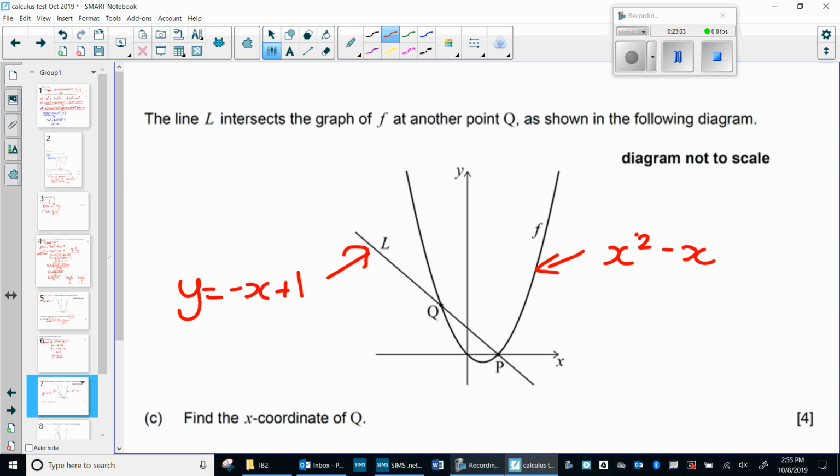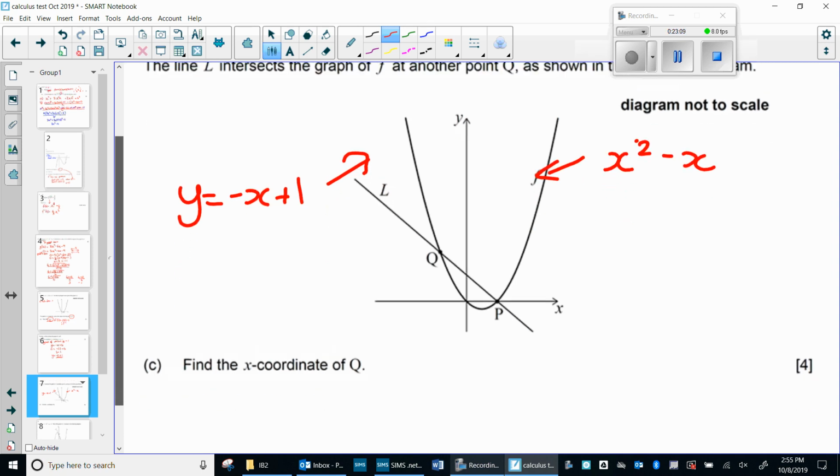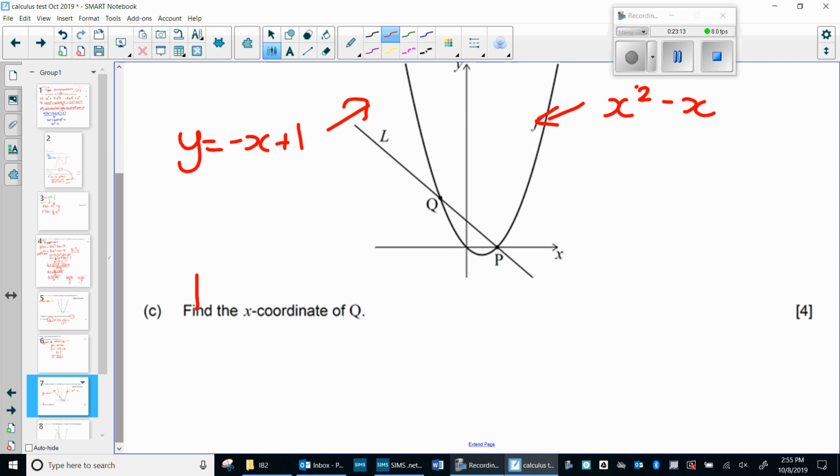But if you're trying to find where things intersect, what do you then do? You put them equal to each other. Yeah. So you'd say negative x plus 1 is equal to x squared minus x. Yeah? Happy with that? Because we're finding intersecting points.